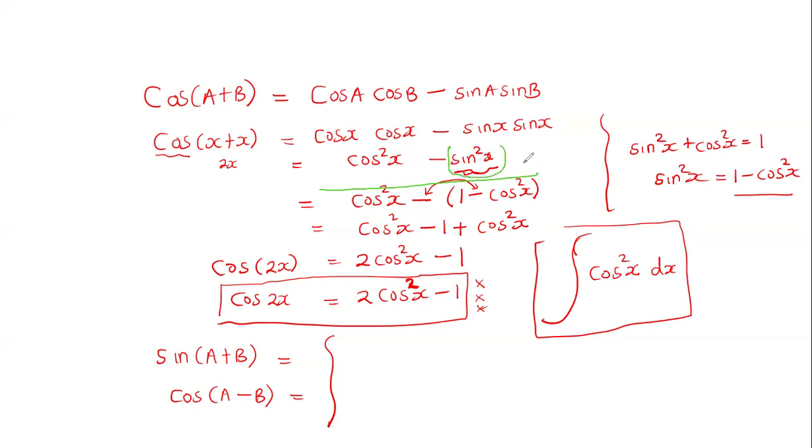So you know very well that this is a property: sine squared x plus cos squared x is equal to 1. So we want to replace sine squared x. If I want to replace sine squared x, I'm going to make it the subject. I will take the cos squared x the other side. So sine squared x will equal 1 minus cos squared x. So where there is sine squared x is where we are putting 1 minus cos squared x. So that's what we did.